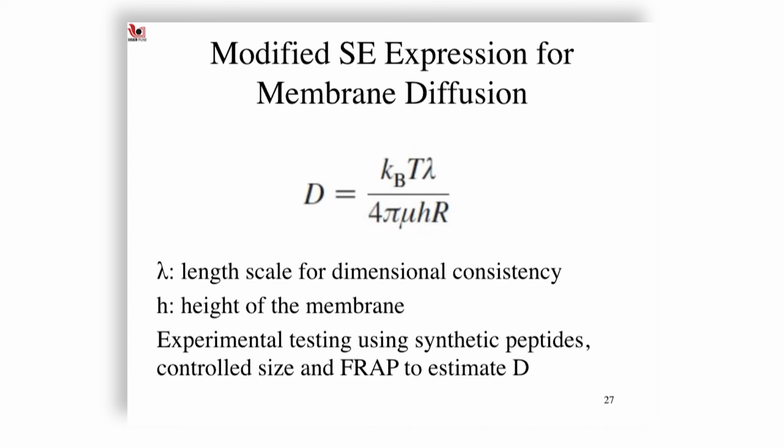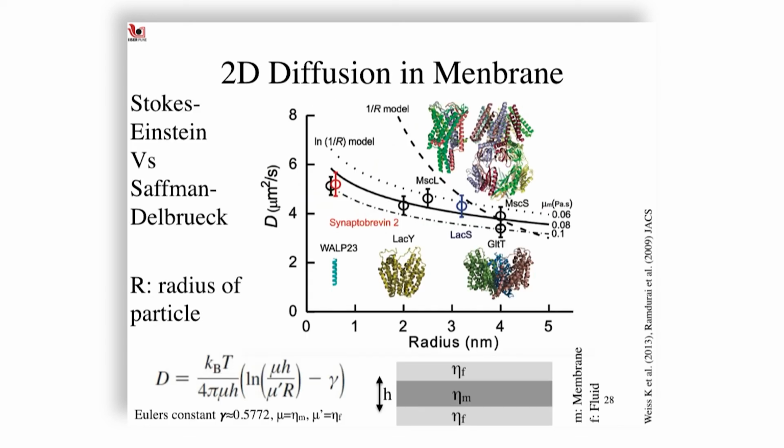But new data appears to suggest that we need a modified expression for membrane diffusion, which includes the height of the membrane and a factor lambda. The factor lambda is the length scale for dimensional consistency, and h is the height. This is capable of better explaining experimental data which were made using synthetic peptides of controlled sizes and using fluorescence recovery after photobleaching, or FRAP, to estimate the diffusion coefficient.